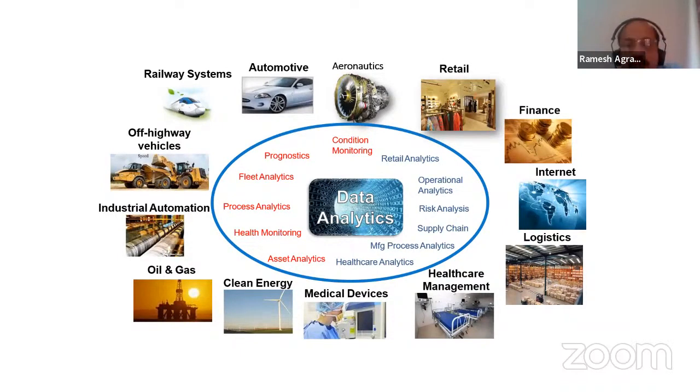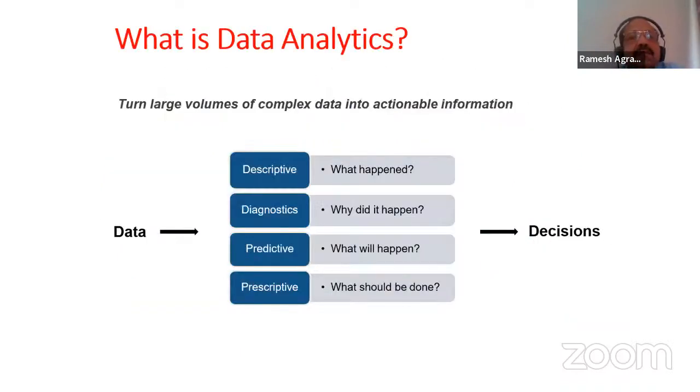Okay. So when you are talking about data, you have a large chunk of data and you want to process this data to take informed decisions. Okay. So what kind of decision can you take? So then you can talk about descriptive analysis.